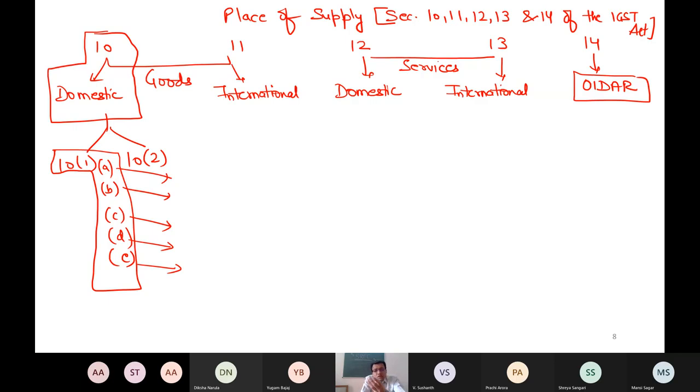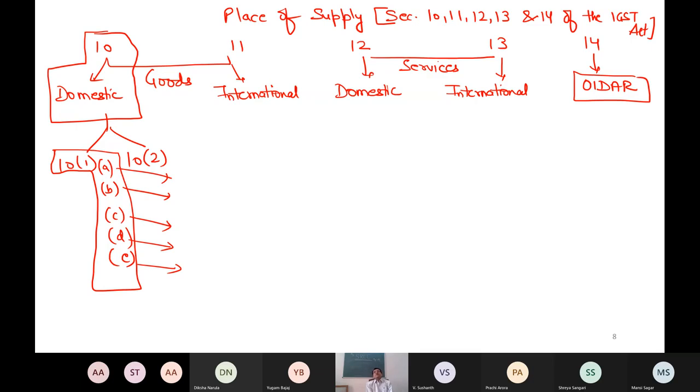Now, do you know what is the place of supply? You boarded the flight from Delhi. The destination is Nagaland, and after 30 minutes, do you know which state you are traveling over? It's not so easy. When you are traveling through air, how do you know which state is below? So the question arises: which state gets the revenue?